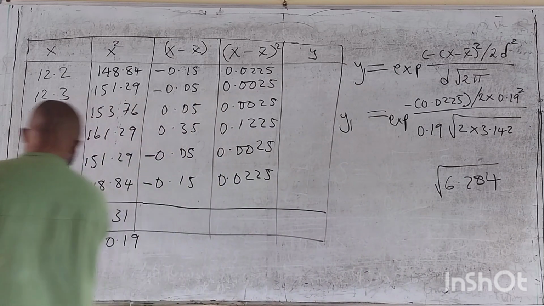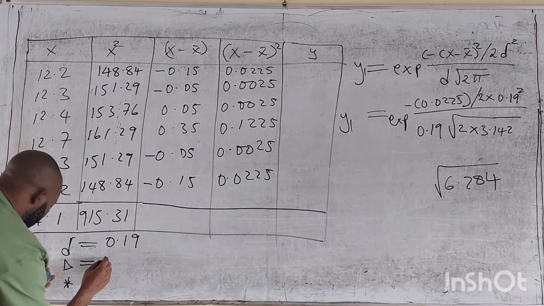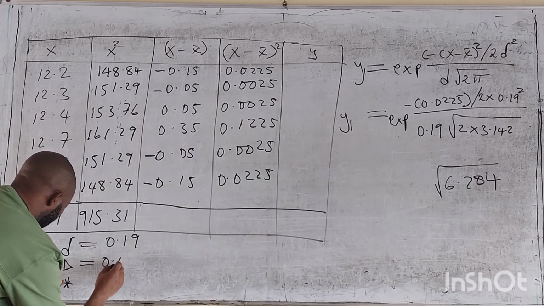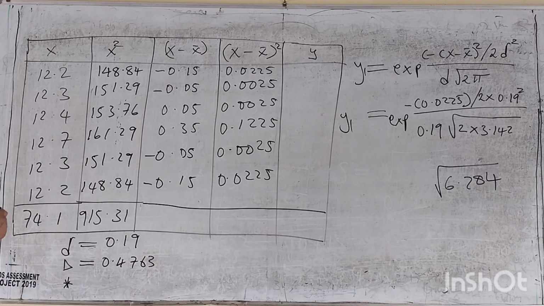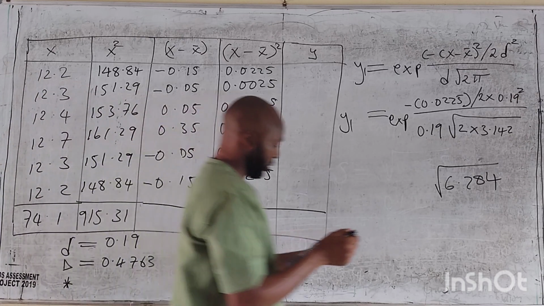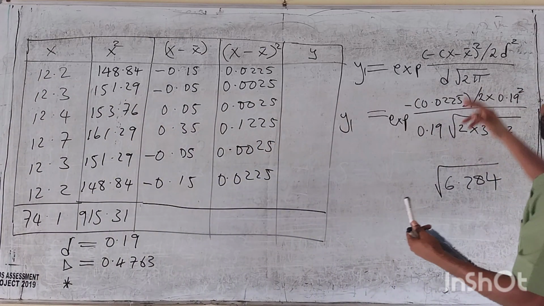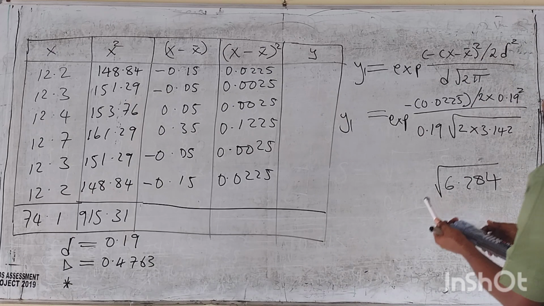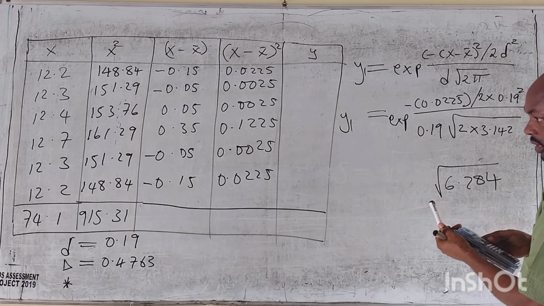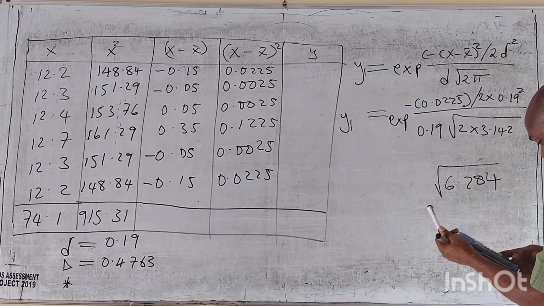Here, my down part is 0.4763. Now let me find out the upper side here. 0.19, which is the standard deviation square, 0.19 square is 0.0361 times 2.